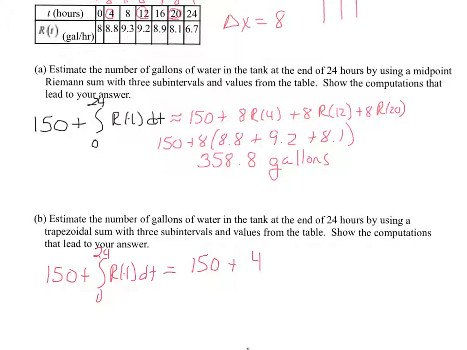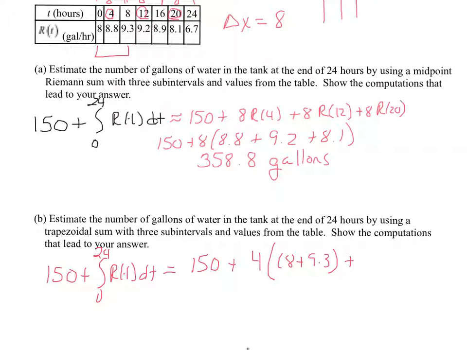All right, and so we're going to have R at 0 plus R at 8. In this case, I'm just going to go ahead and put 8 plus 9.3. That's the first trapezoid.